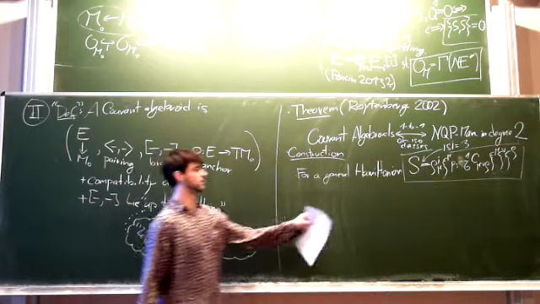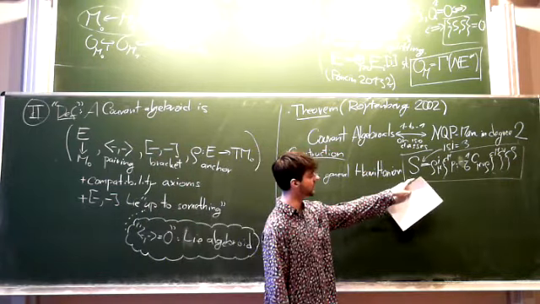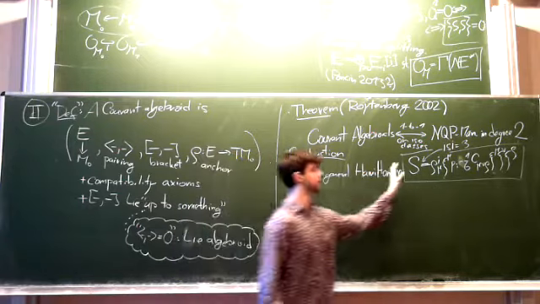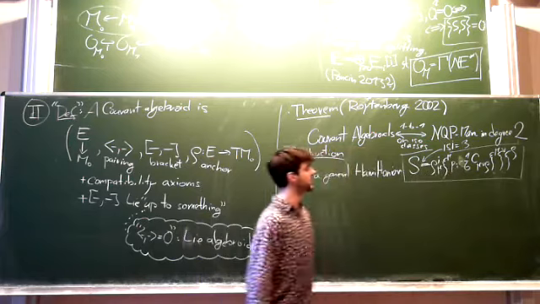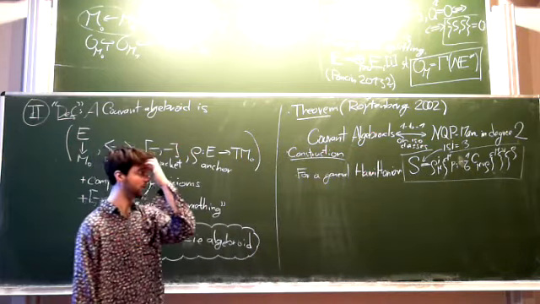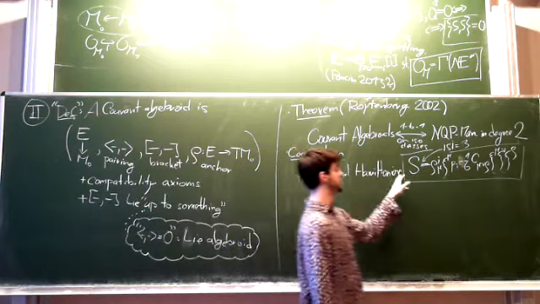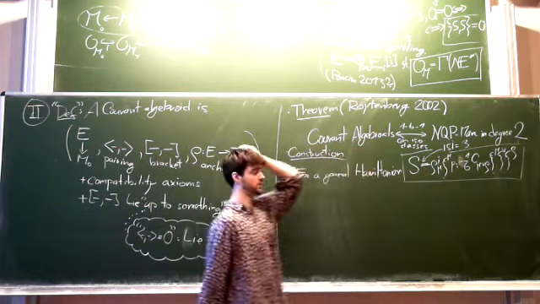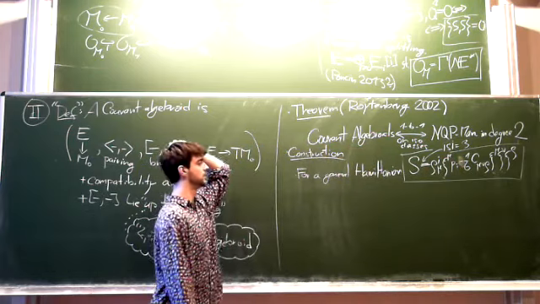And now maybe it's a good thing to say a bit about physics again, because this kind of combination appears in the BV-BRST formalism. This is basically precisely the BRST charge.